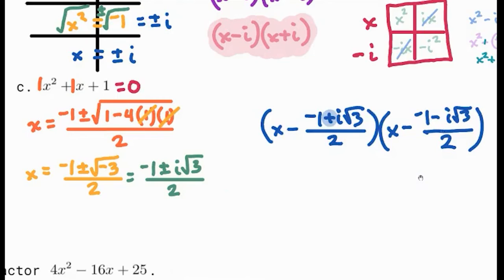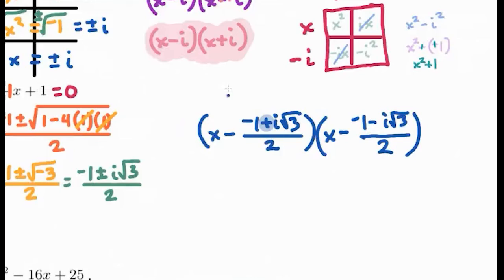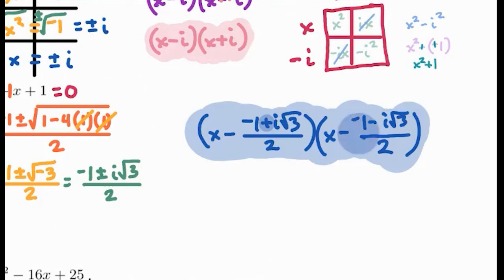And that's your final answer. And they always come in pairs like that, where one's a plus and one's a minus. So every single time you see them, it's going to always do that.